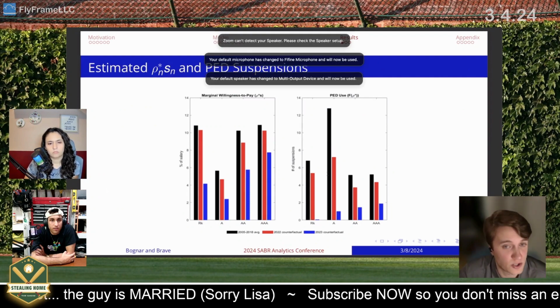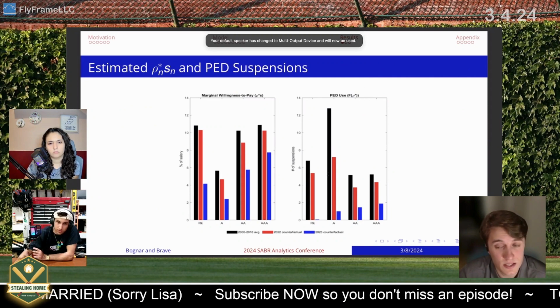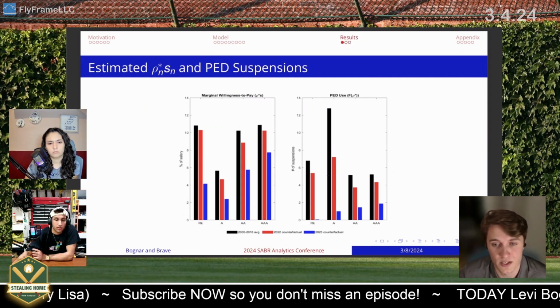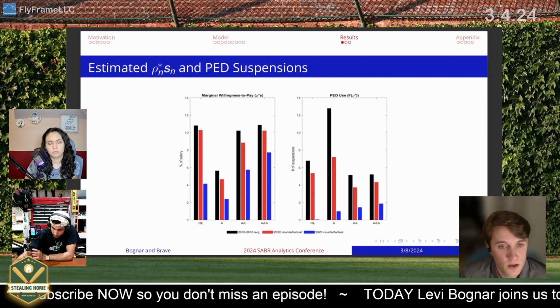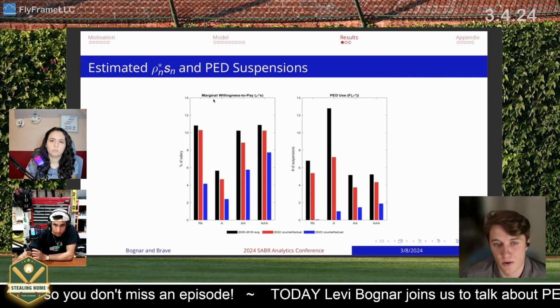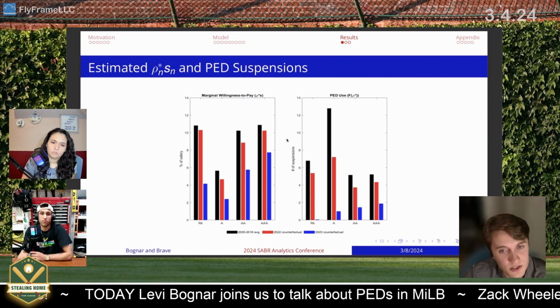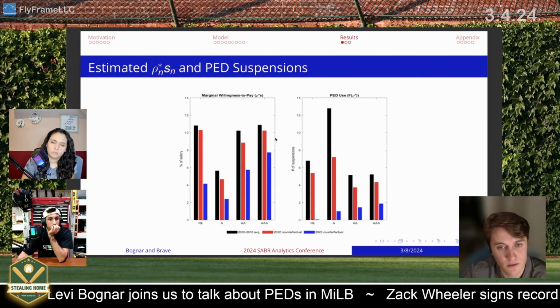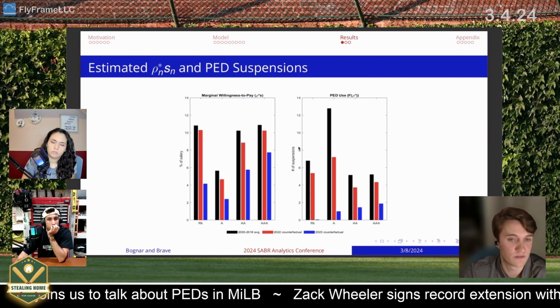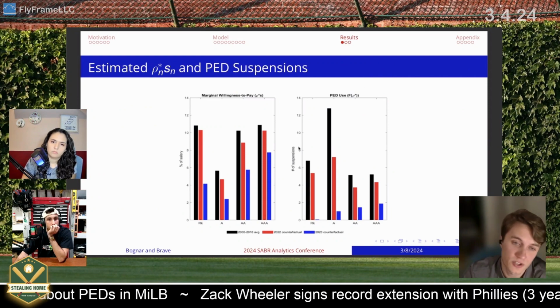Now let's write down what our actual estimates are of the marginal willingness to pay for PEDs, and also what the predicted number of PED suspensions is going to be. On the left-hand side, the first thing I want to mention is that for the marginal willingness to pay for PEDs, we still see this U-shaped curve, which is similar to the U-shaped curve that Scott found 4 years ago.